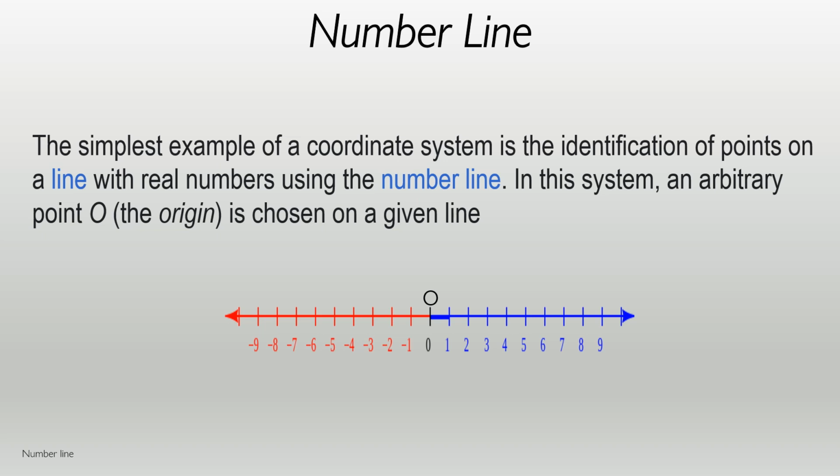If we move to the right side from O, it represents the positive numbers, and if we move to the left side from O, it represents negative integers. A number line is used to find location through a single way, single dimension, or single axis.